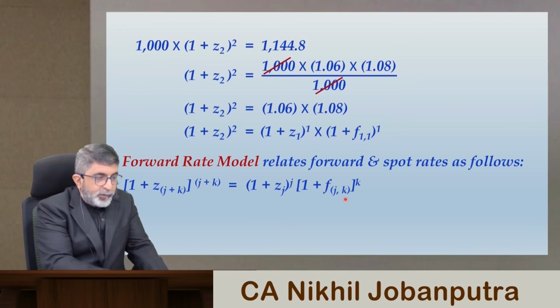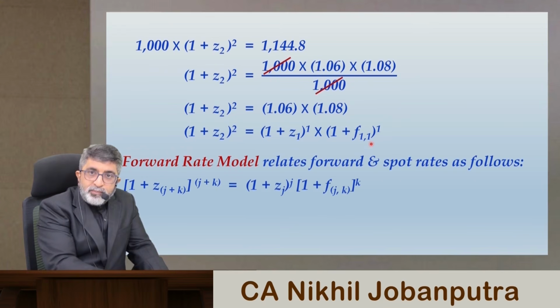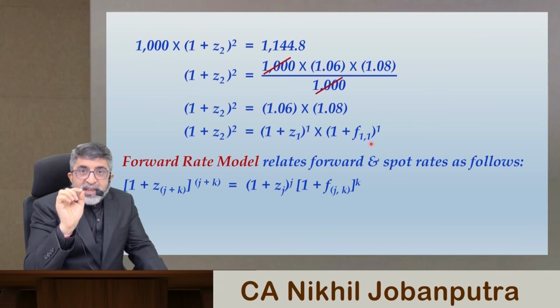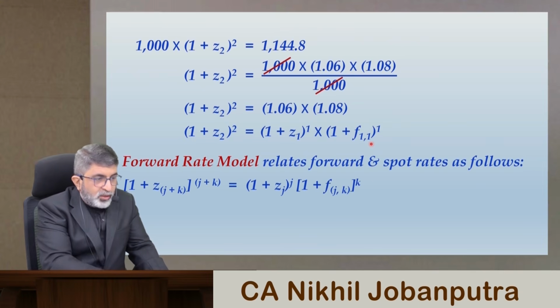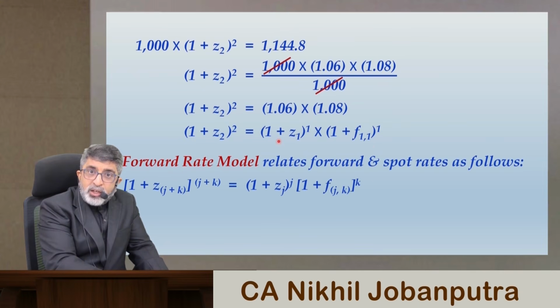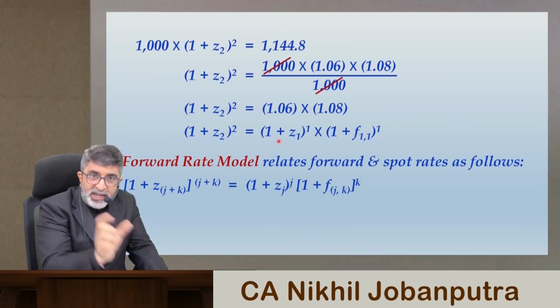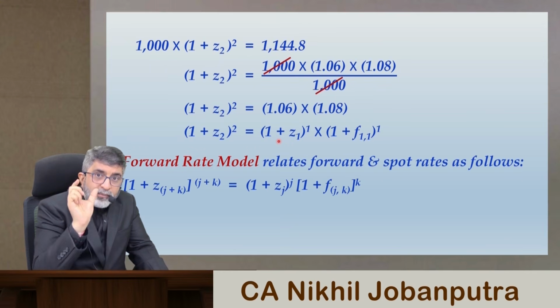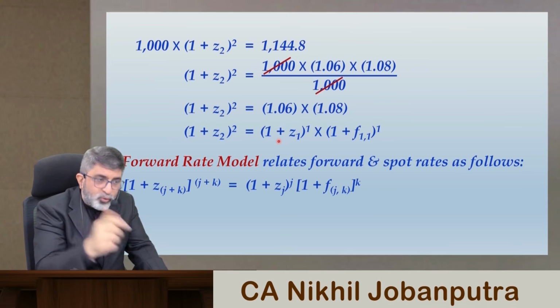Now look at this. F1,1 means 1 year forward 1 year rate, means J and K both were 1 year. So this was the short period, that is the shorter term factor, (1 + Z1)¹.